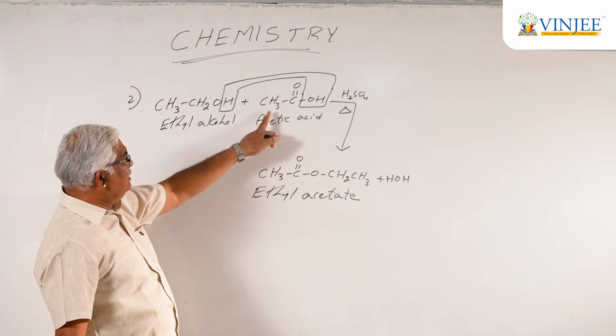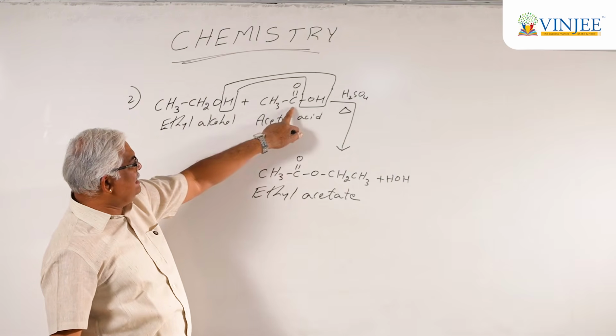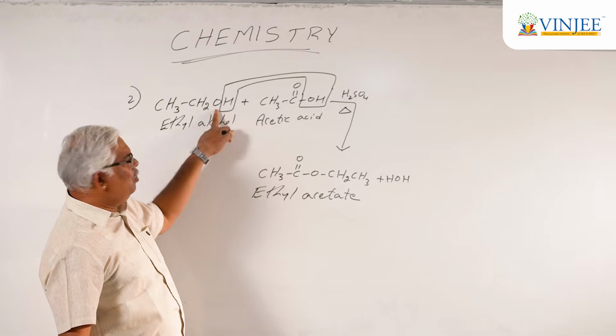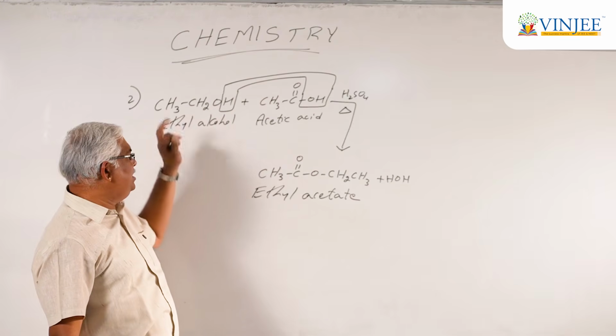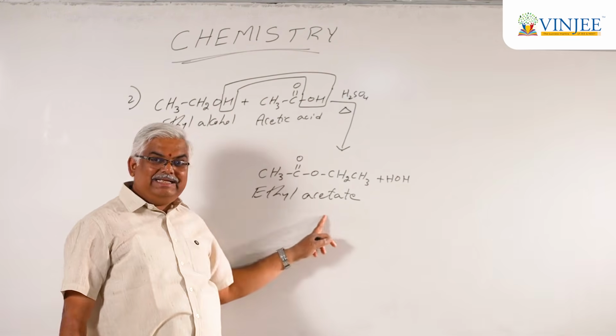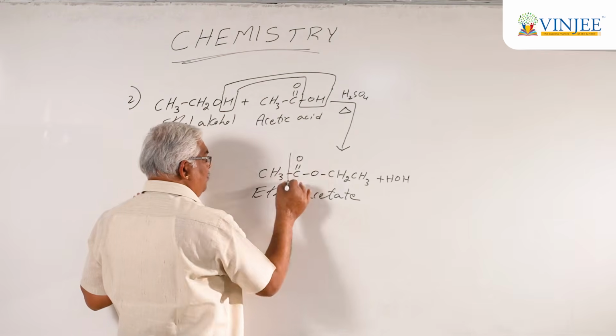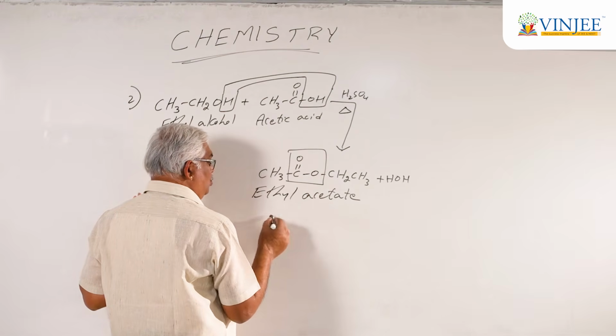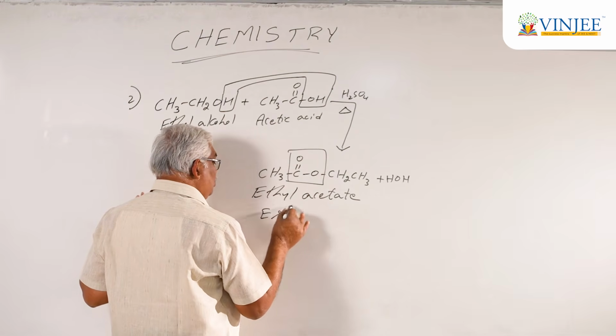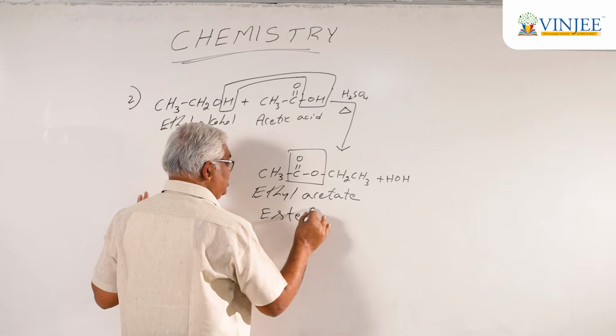And what is the result? The result is CH3C double bond O, CH2CH3, ethyl acetate. Such compounds where you have COO together, if you remember, we call them esters.